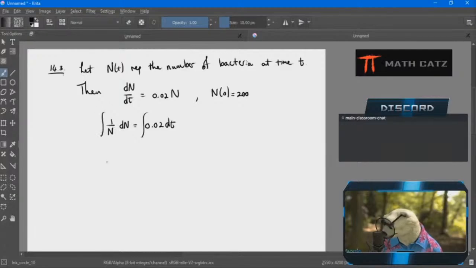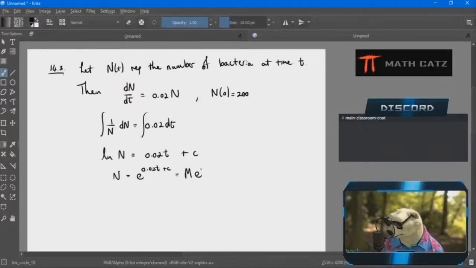Then I integrate both sides. So the natural log of n is 0.02t plus my constant, and therefore n is e to the 0.02t plus my constant, which I'm going to write as big M e to the 0.02t, with M being e to the c, exactly the same as before.